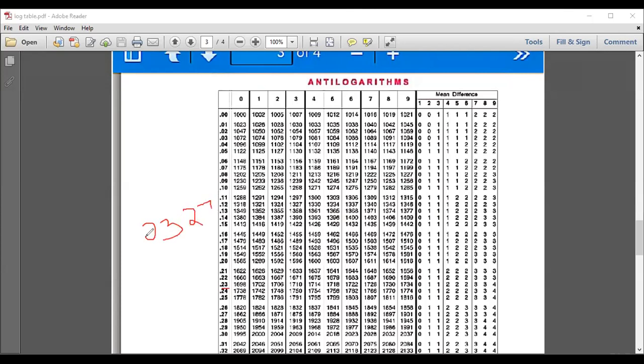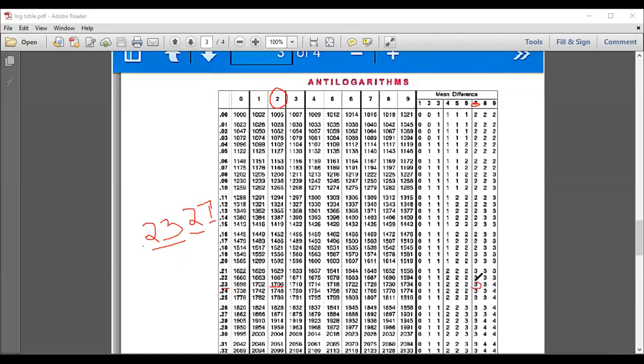2327, this was the number, correct? Now how to look this up? 23 under 2, mean difference 7. So for 0.23 we'll look under the second column. Pay attention to the second column number. Don't go by the counting because there's an extra column of 0. So 23 under the second column gives you the number 1706, correct? 1706, and in the same line I'll continue to the mean difference, column number 7.